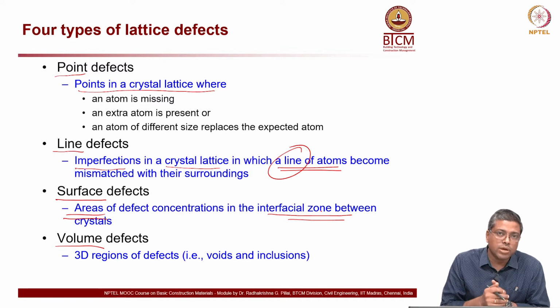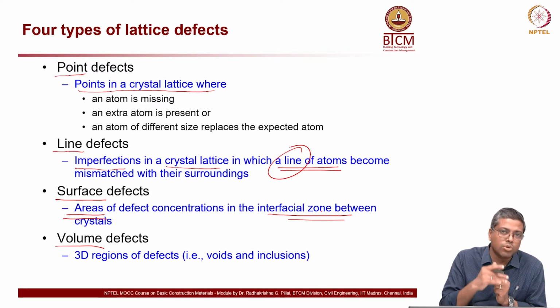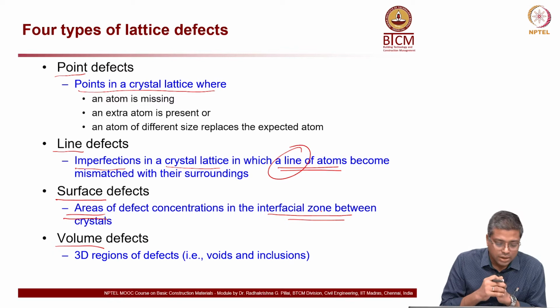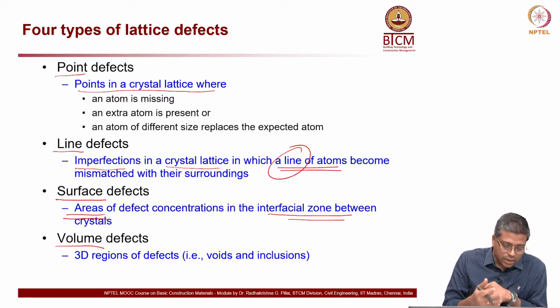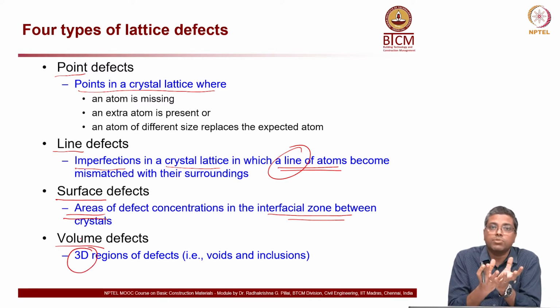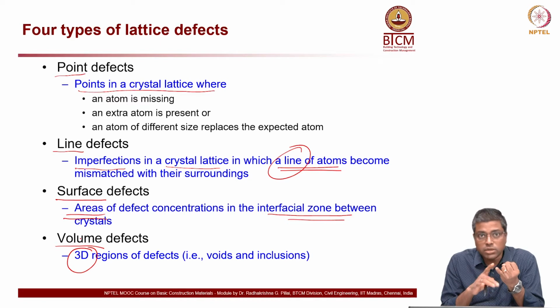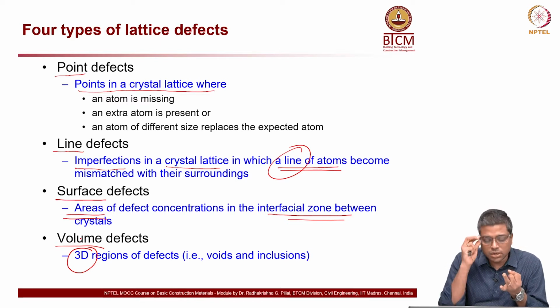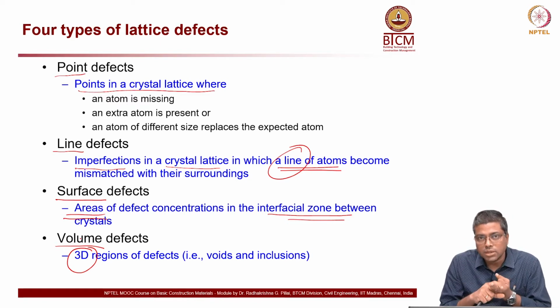It is not a point, it is not a line, but there is one more dimension, that is a plane defect. Now, the next one, volume defect, is a 3D region, that means 3 dimensional. So, the entire volume: point, then 1 dimension that is line, then 2 dimensions that is surface defect, and now 3 dimensions, that is volume defect.